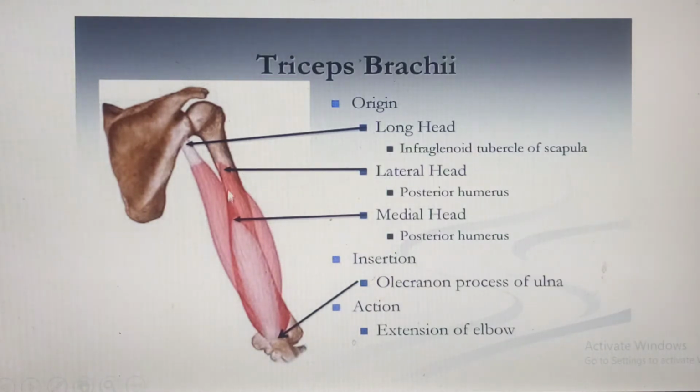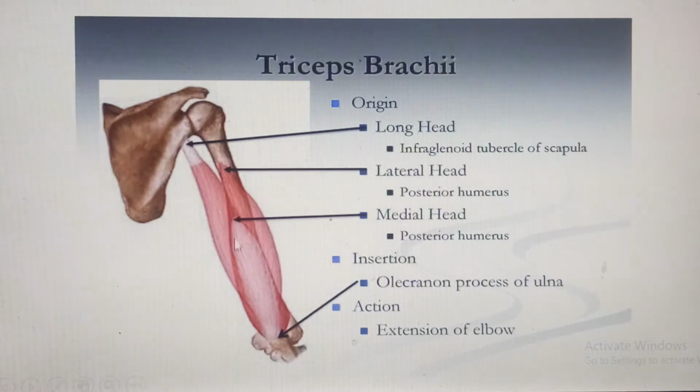Above the spiral groove will take origin what we call the lateral head, because above over there is in relation to the greater tubercle of the humerus, and the greater tubercle of the humerus is laterally placed. And therefore, the lateral head will be above the spiral groove, or the radial groove.